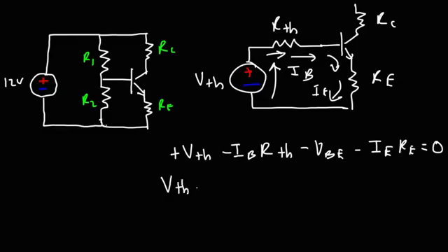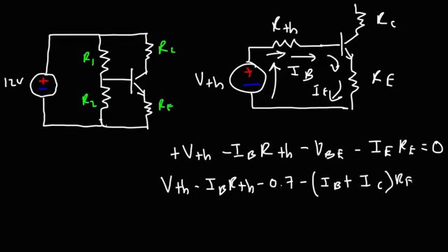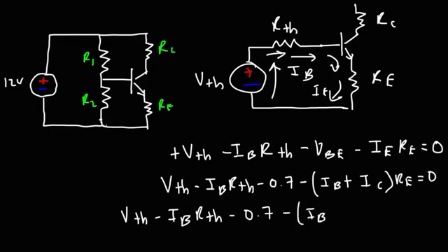So we have V Thevenin minus IB times R Thevenin. VBE, we set that to 0.7 volts. Now, IE, the emitter current, is the sum of the base current plus the collector current. Now, the collector current, we can replace that with beta times IB.